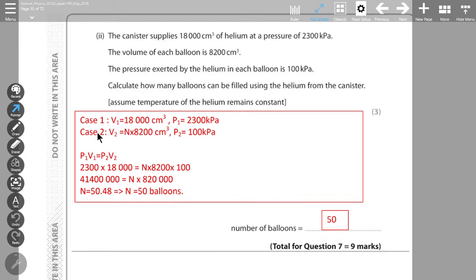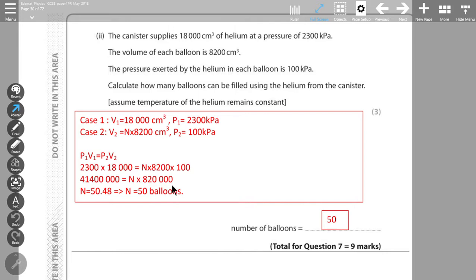So this is case 2. Total volume of all balloons at this pressure. So then we have this equation P1V1 equals P2V2, which we give with substituted values, and we get 50. So we multiply the left side, and then we divide by the coefficient of n.